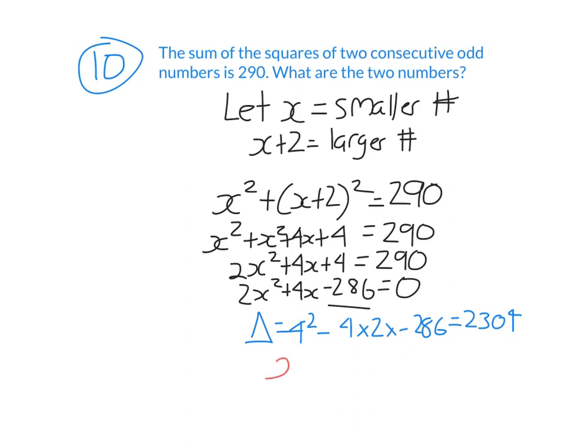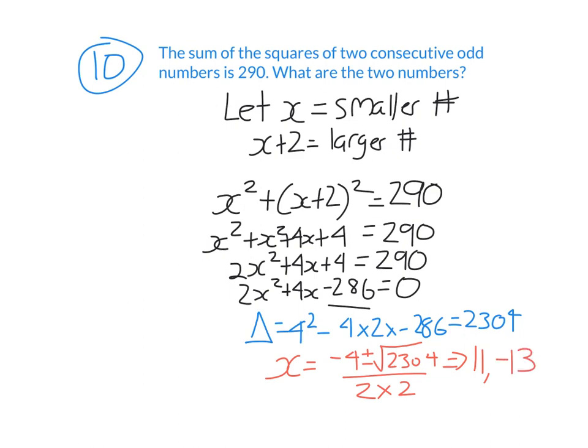We get x equals minus b plus or minus the square root of the discriminant over 2 times a. In this case, a was 2. So if you put that on your calculator, first solution, minus 4 plus root 2,304 divided by 4, that gives you the solution x equals 11. Minus 4 minus square root of 2304 over 4 gives you the solution minus 13.